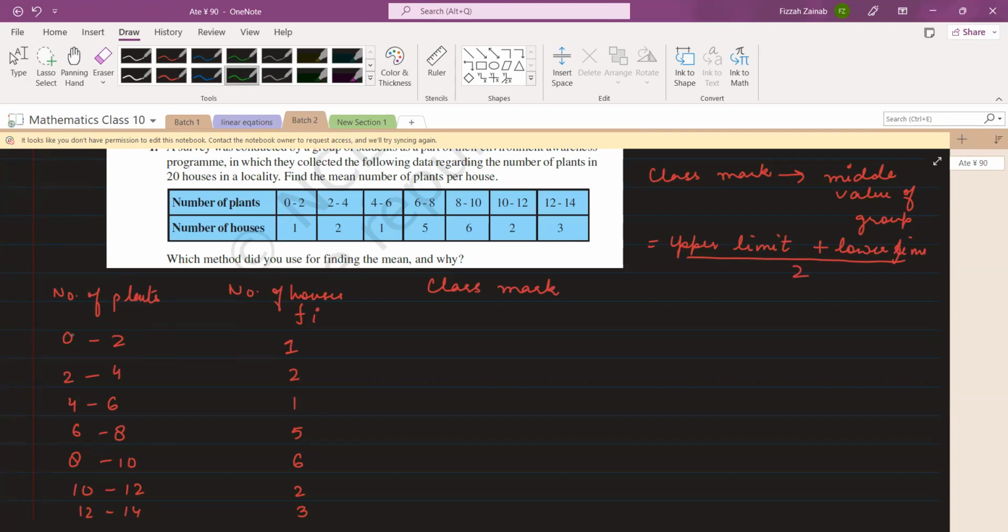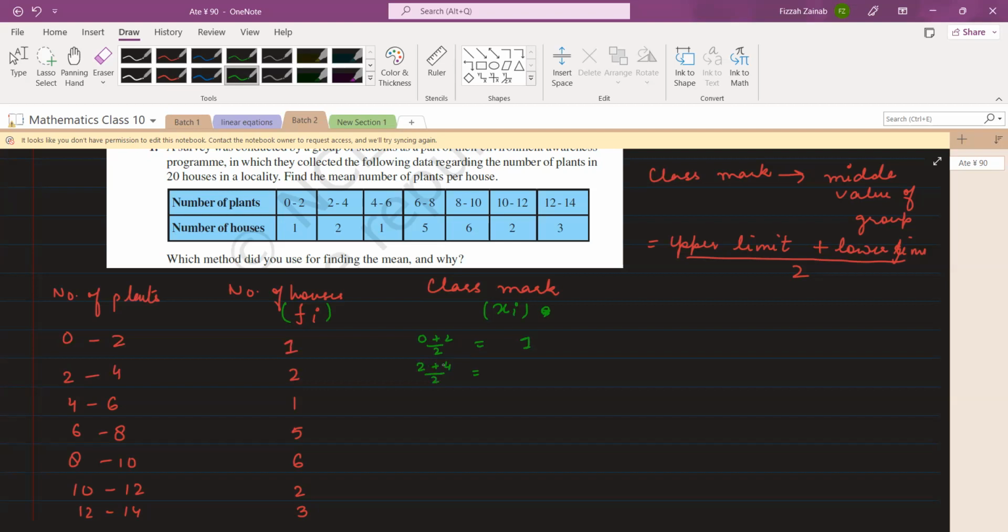So you find it here: 0 plus 2, 2, and then divided by 2. Class mark will be denoted by xi. This is fi, this is xi. You can write like this: 0 plus 2 divided by 2. So that gives you how much? 1. Similarly, for the next one, you will do 2 plus 4 and divided by 2.